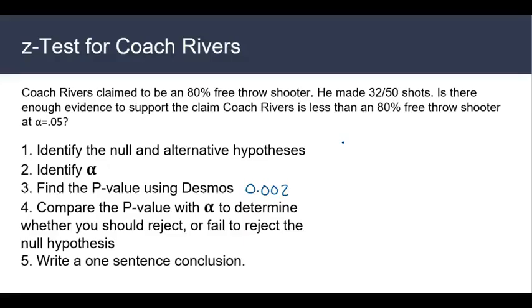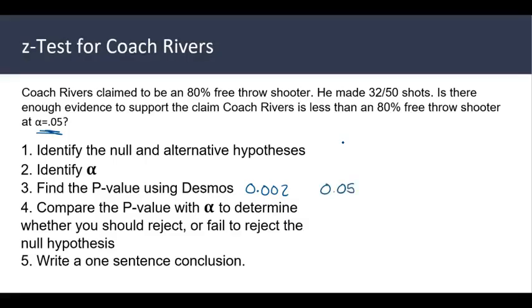So up here in the problem, they told us we're going to use alpha equals 0.05. So we're comparing 0.002 to 0.05. This number is smaller, so that is less than 0.05. So that means I am going to reject the null hypothesis. Anytime my p-value is less than alpha, I reject the null hypothesis.